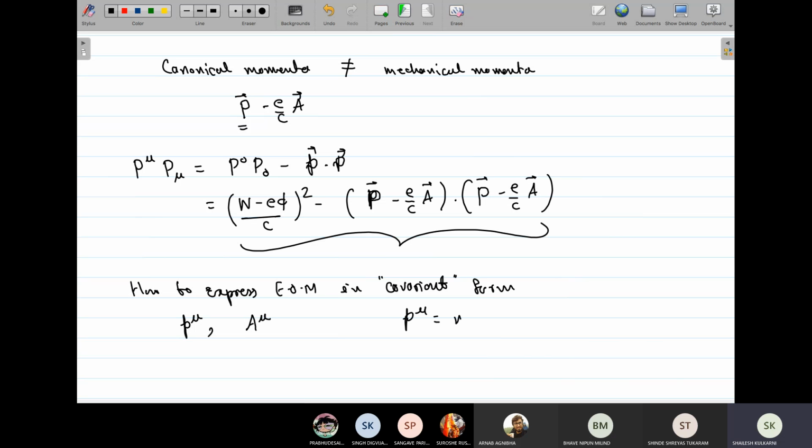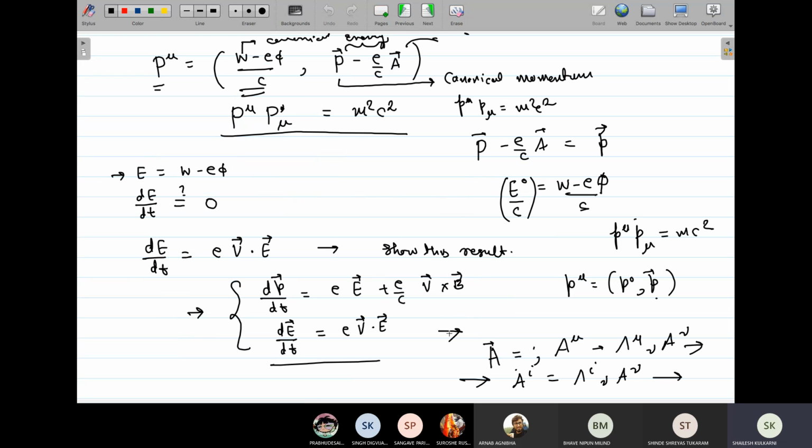P mu is defined as m dx mu by d tau, where tau is the proper time, and I have A mu. You go back to your original definition of 4 momentum. Now, although these are in E and B, can I express them in a covariant way?